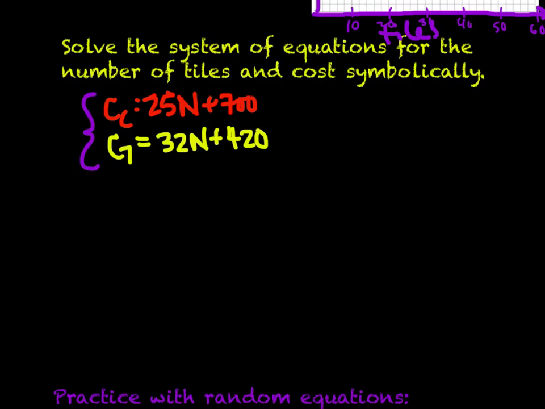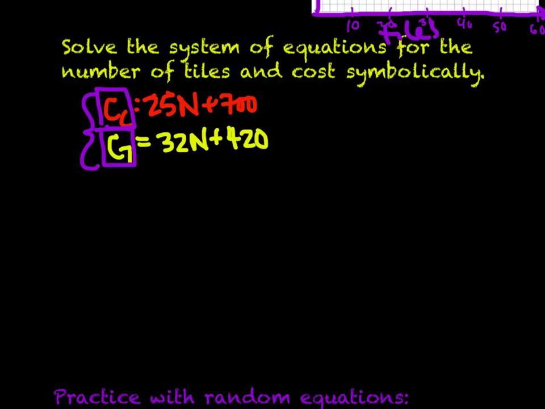So what we're going to do in order to solve it symbolically, what helps is if we have the same variable on the end. We need to find the same cost, right? We're trying to find the same number of tiles that equals the same cost for both of the companies.